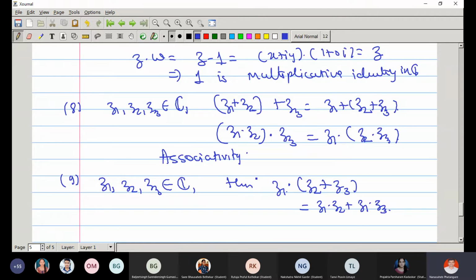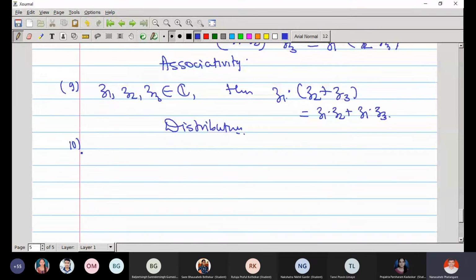Right. Now do you understand all the properties of real numbers are satisfied? z1 into z2 is the same as z2 into z1. z1 plus z2 is the same as z2 plus z1 for any complex numbers. Right.